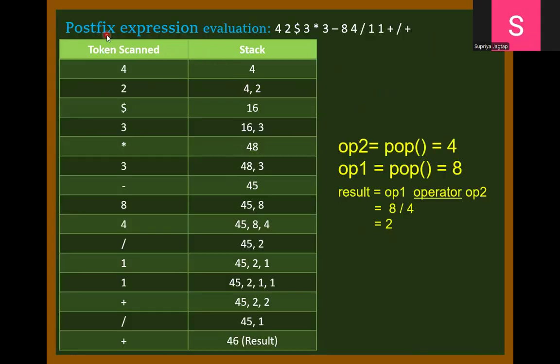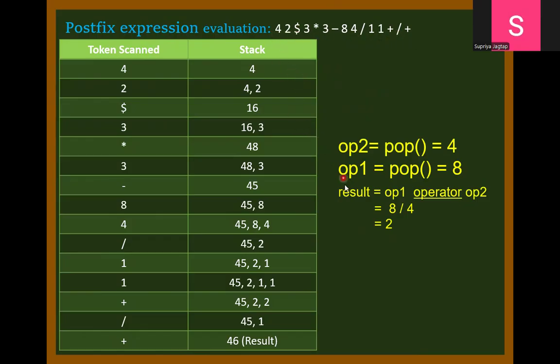Now let's take an example for postfix expression evaluation, where we pass a postfix expression as an input and then we get the final answer after solving it. In postfix expression evaluation, we have to scan the expression from left to right.